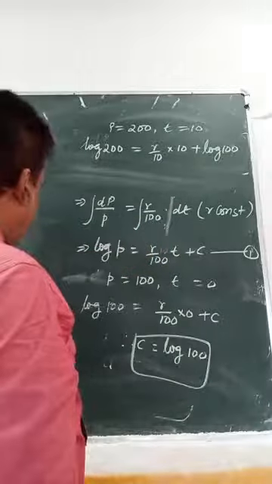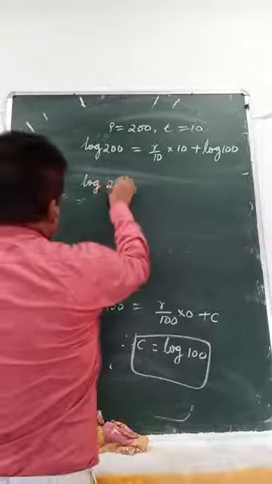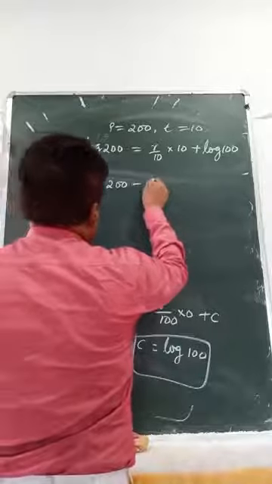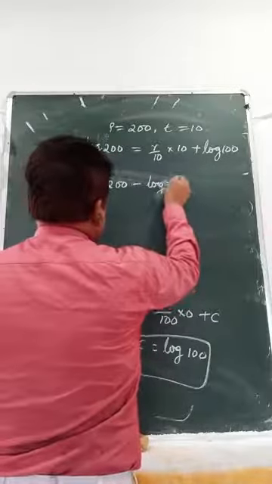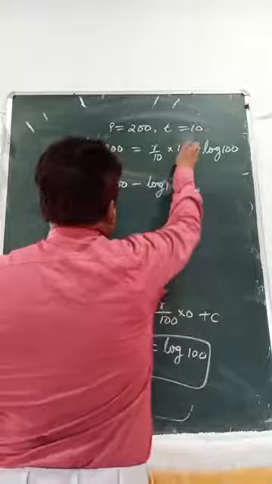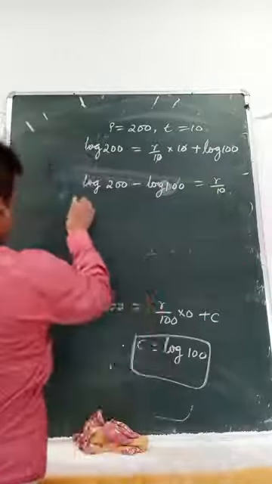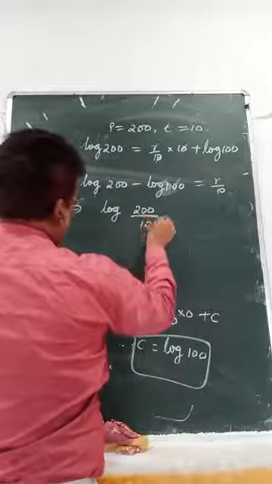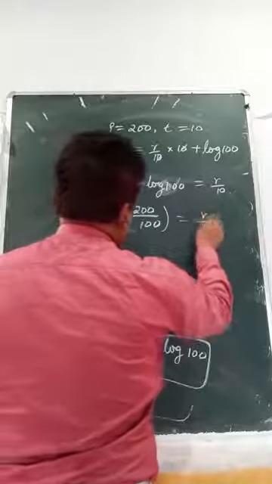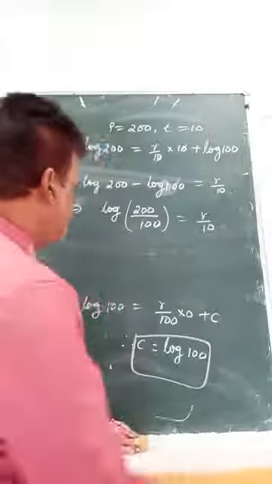Take the log of this side: log 200 minus log 100 equals R by 100 into 10. Log A minus log B is log A by B.